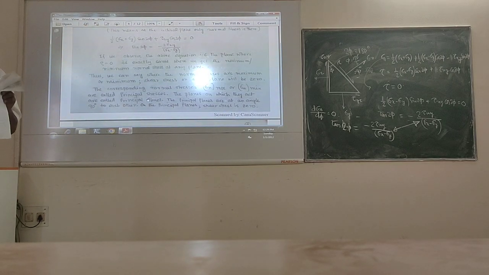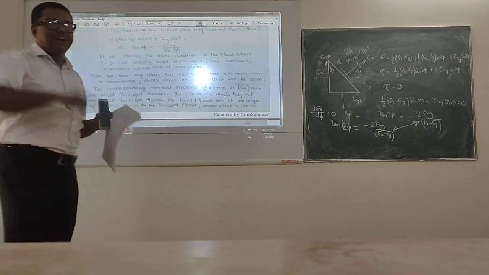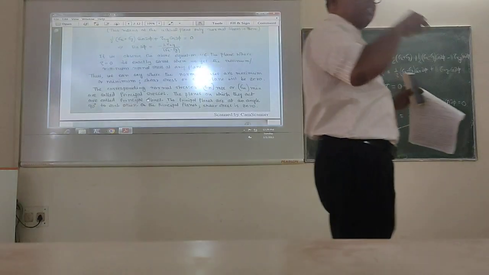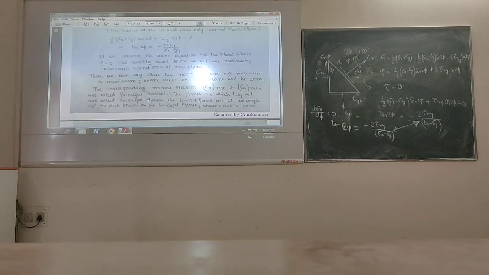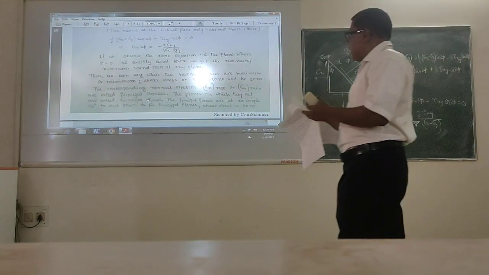Okay. Now we will have to find out where the shear stress will become maximum. What will be the condition for shear stress becoming maximum? This is another point you should understand. Where will the shear stress become maximum?